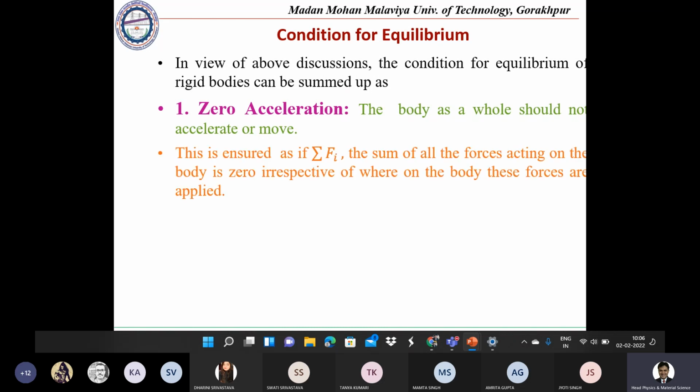This is ensured if the summation over Fi, that is the sum of all the forces acting on the body, is zero, irrespective of where on the body these forces are applied. This is the point of remark here. Whatever the position of action, the summation should be equal to zero.